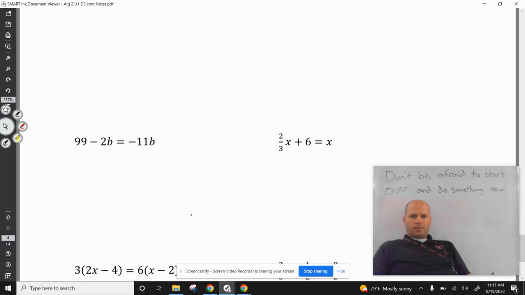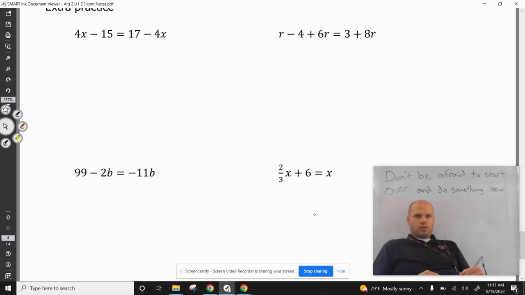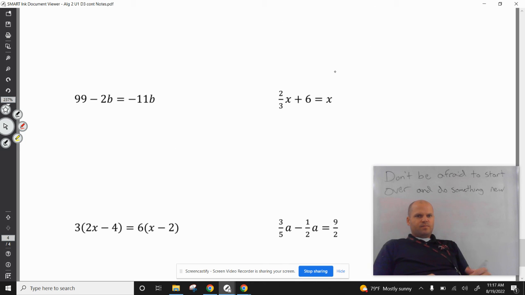I'm going to do just a couple of these extra practice problems because I'm going to go to your homework. I want to pick these two especially. Okay? Because let's pretend you like to put stuff on the left side always.